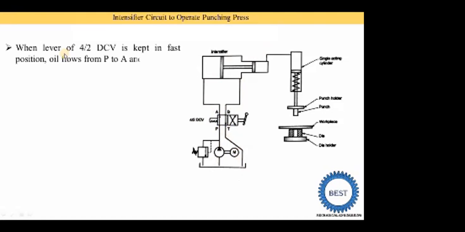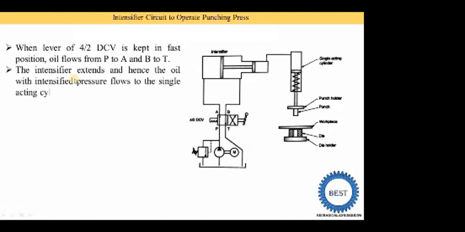When the lever of the 4x2 DCV is kept in the first position, oil flows from P to A and B to T. This diagram is for the first position, in which the P port is connected with port A, that's why the upward arrow is drawn here. The B port is connected with T, that's why the downward arrow is drawn here. The intensifier extends, hence the oil with intensified pressure flows to the single acting cylinder.